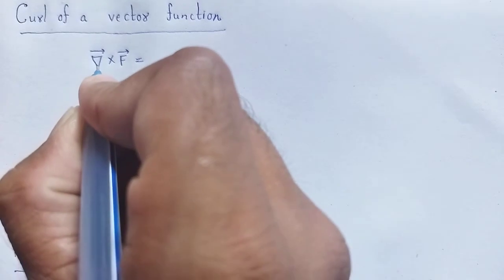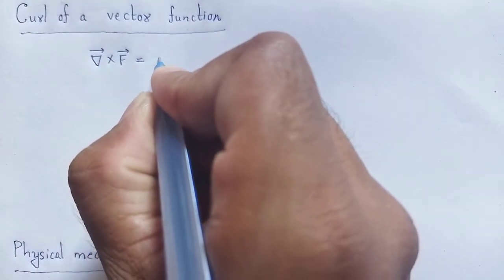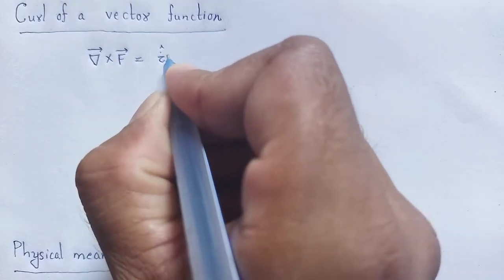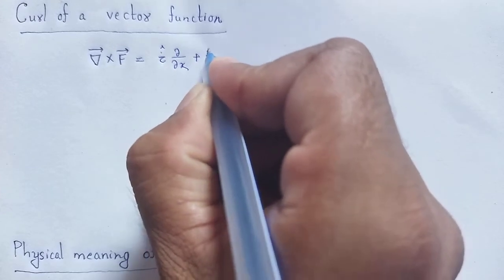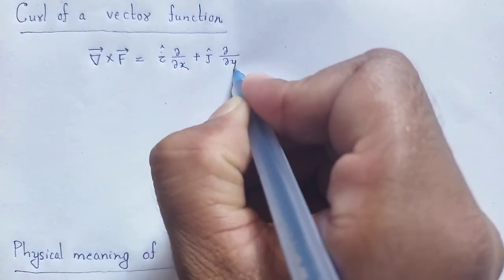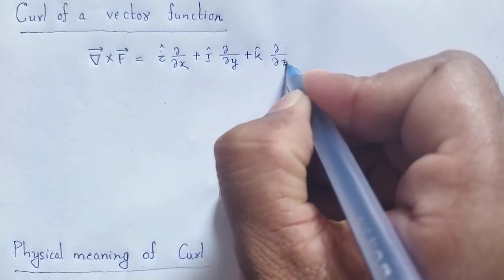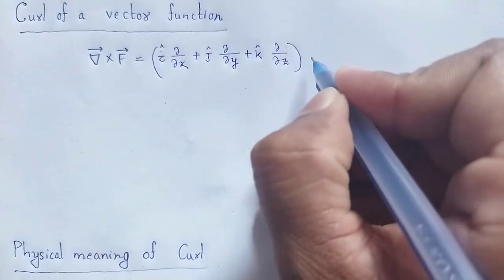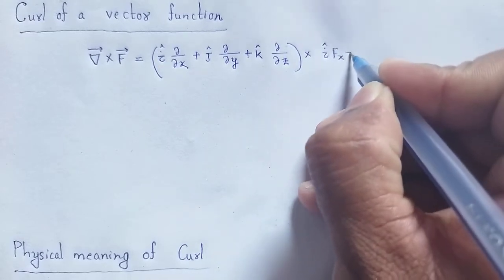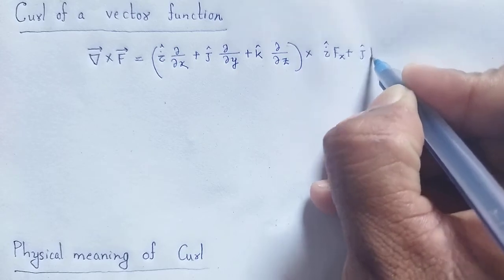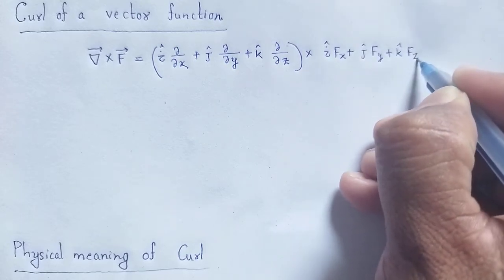As we know, the del operator, that is grad vector, is represented as i cap del by del x plus j cap del by del y plus k cap del by del z, cross i cap f of x, j cap f of y plus k cap f of z.